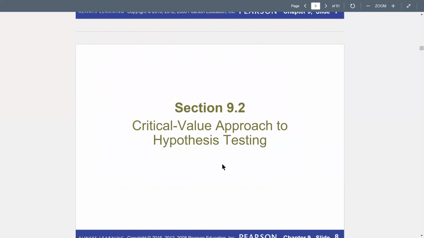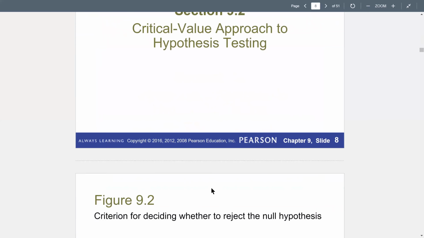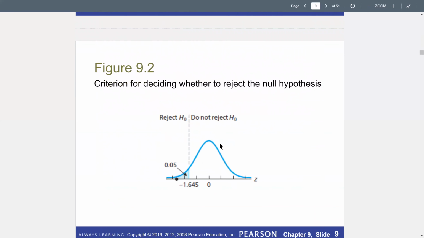Now here we have another approach called the critical value approach to hypothesis testing. Here are the criteria for deciding whether to reject the null hypothesis or not. For one-tailed test, in the lower end is a left-tailed test, we reject the null hypothesis if z is less than negative 1.645, which is a critical value.